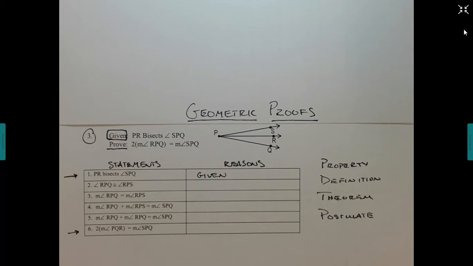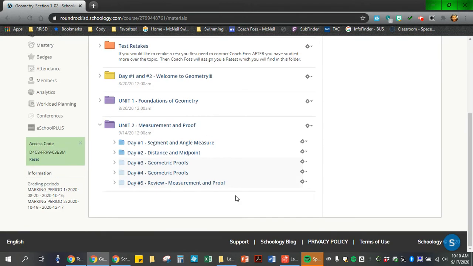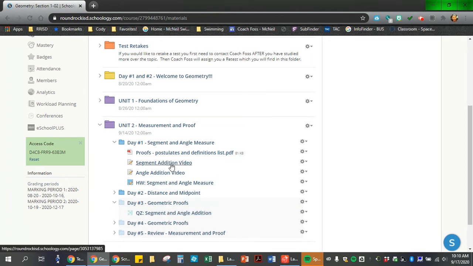And if you go to Schoology, we're in Unit 2 right now. If you look at even the very beginning on day 1, I've put these proofs, postulates, and definitions. If you look at the geometric proofs, I'm going to put it there as well.